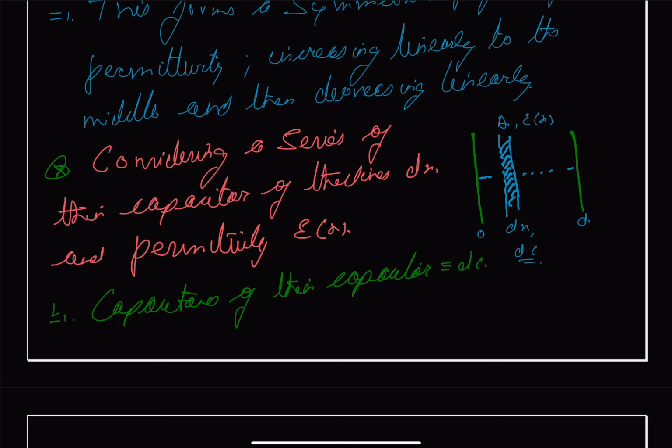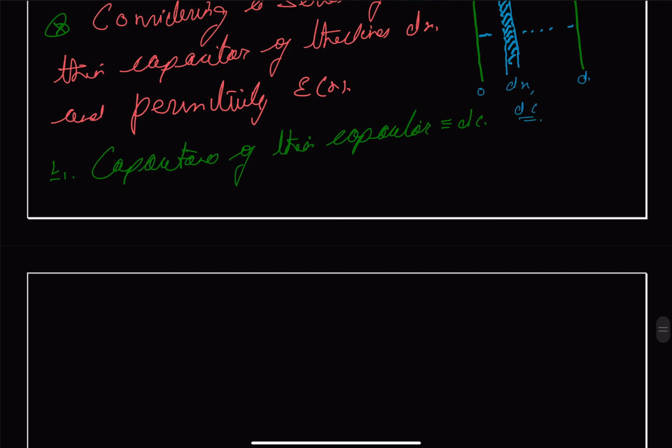We can write the formula that dC will be equal to epsilon x times A divided by dx.